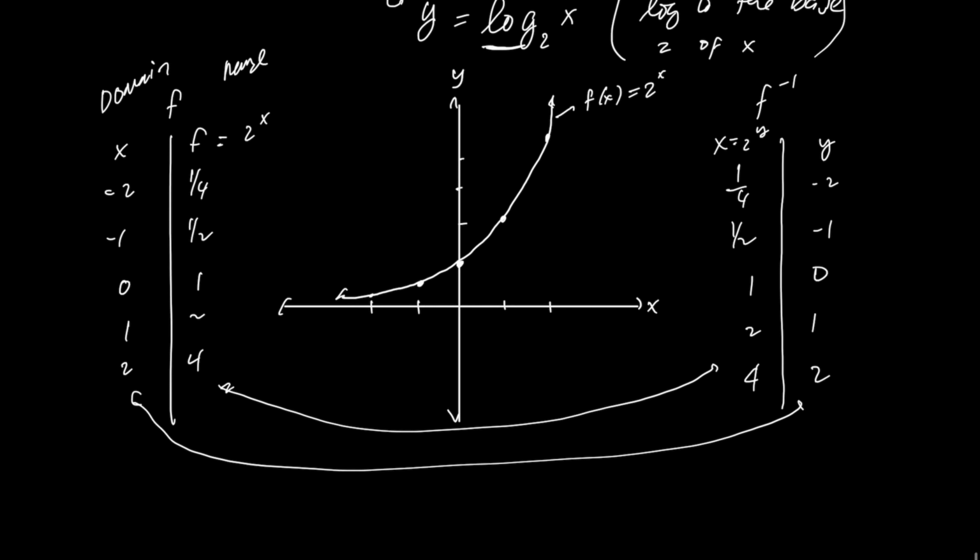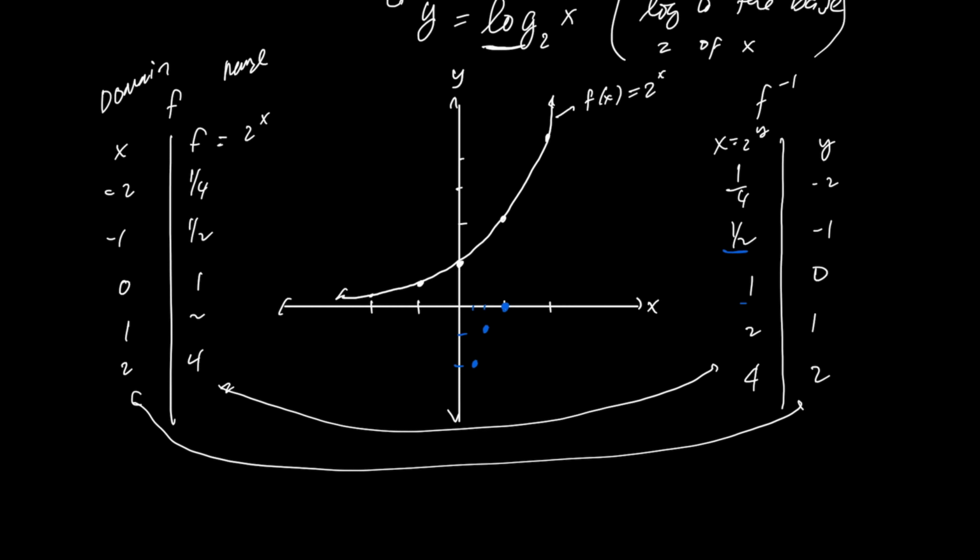Now, if you try to locate this one, when x is 1/4, let's use another color. Choose blue. When x is 1/4, y is negative 2. If this is 1/2 and this is 1/4, y is negative 2. Now if x is 1/2, y is negative 1 here. Now if x is 1, y is 0.